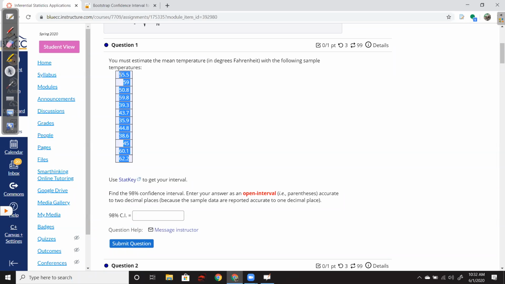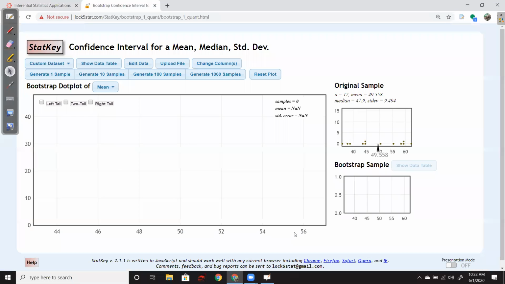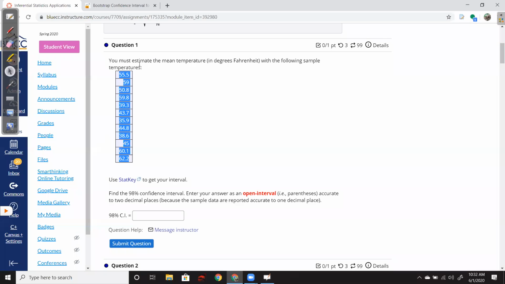You want to be careful not to copy too much on the web page, otherwise it'll paste in funky. That looks okay. Notice I do not have a header, so you have to pay attention to these, otherwise you get the wrong values. It miscalculates. And it says I have 12, double check. 1, 2, 3, 4, 5, 6, 7, 8, 9, 10, 11, 12. Yep.